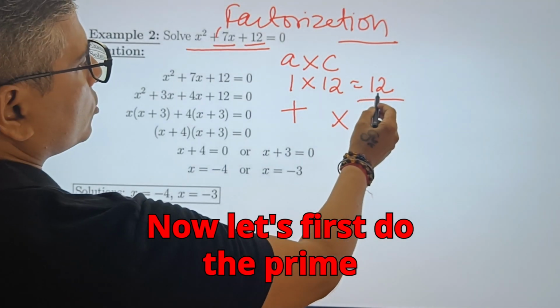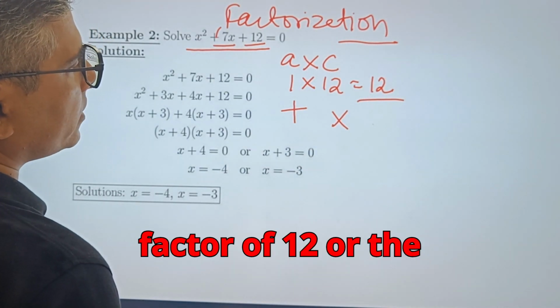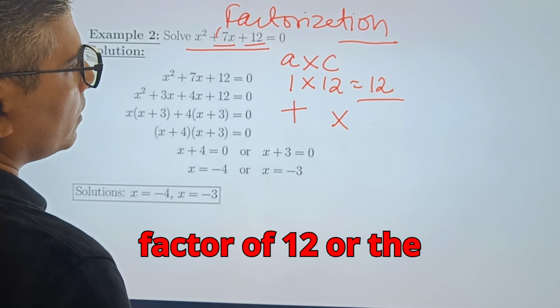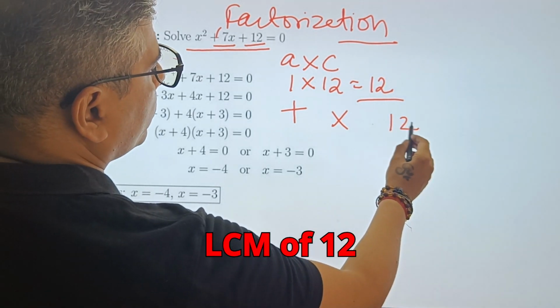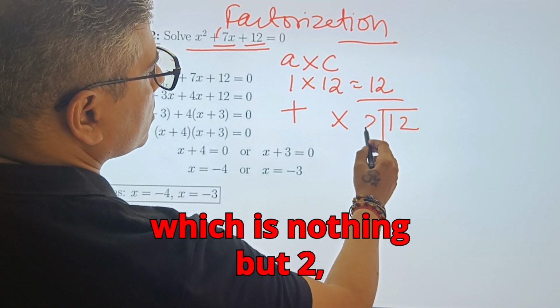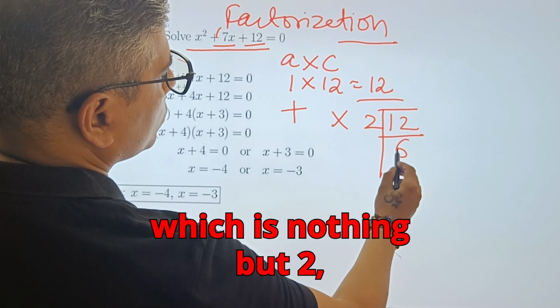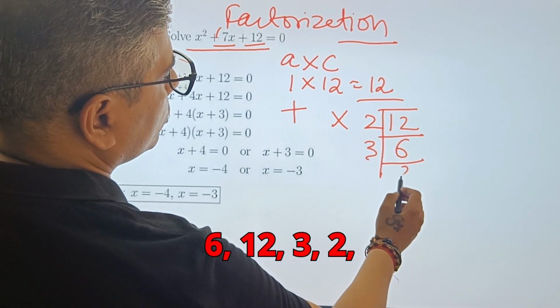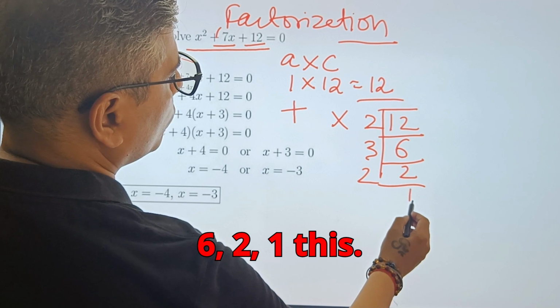Now let's first do the prime factorization of 12, which is 2, 6, 12, 3, 2, 6, 2, 1.